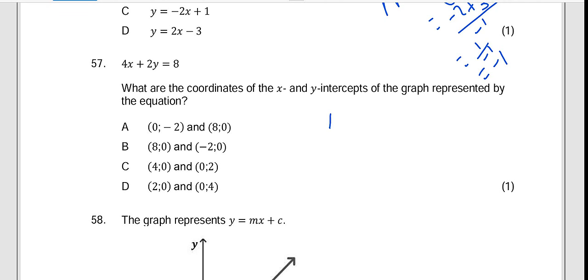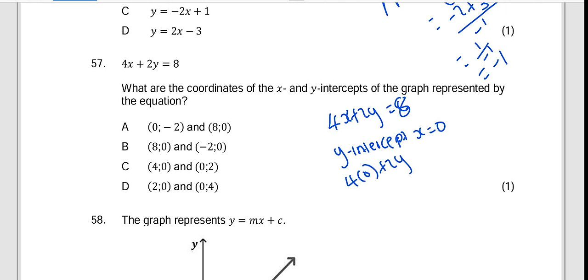So let's solve, guys. 4x plus 2y equals 8. Y-intercept, x will be equal to 0. Where there is x, I'll put 0. Two is going to divide by 2, I'll divide by 2. Y is 4, so 0 and 4.